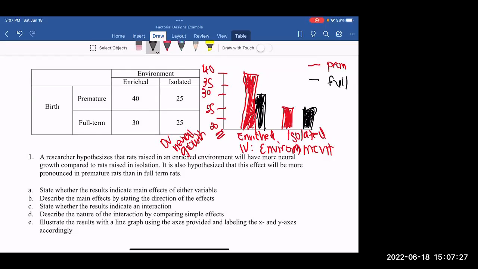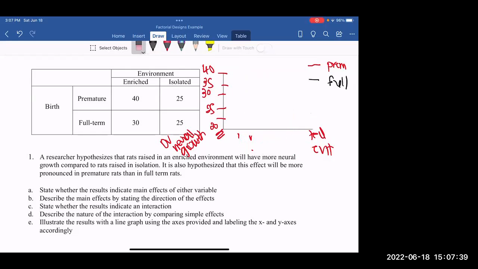So let's try one more thing, just so you can see it a slightly different way. Let's go ahead and put premature versus full term on the x-axis.